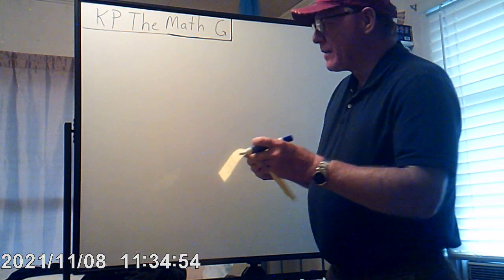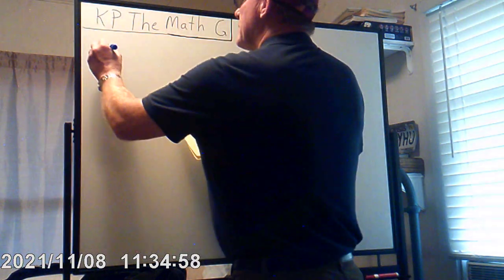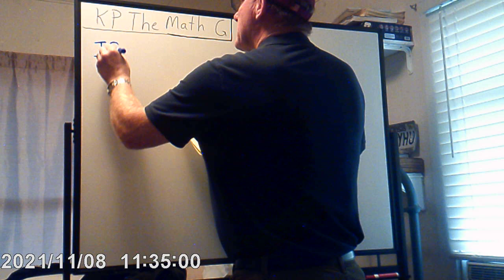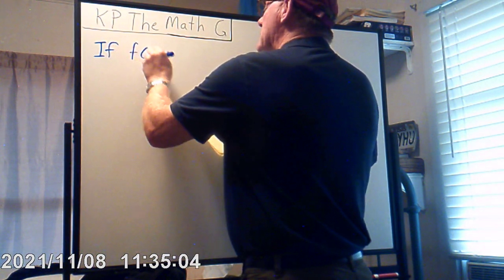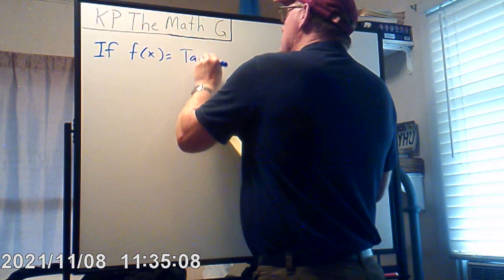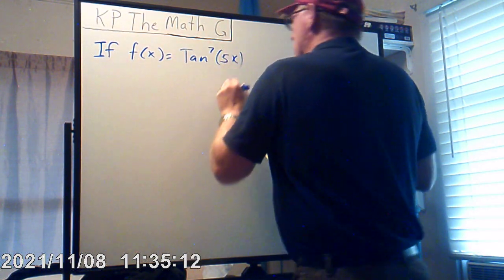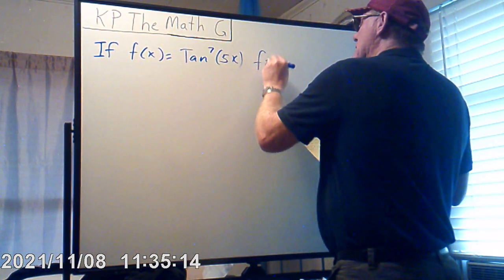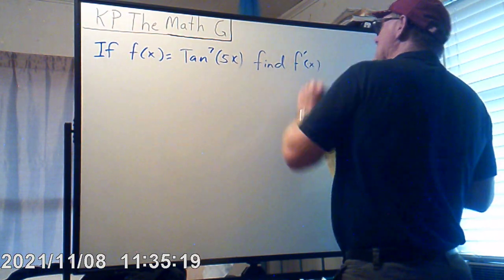Alright, so now let's say, let's do this one. If f of x is equal to tangent to the 7, 5x, so we want to find f prime at x.